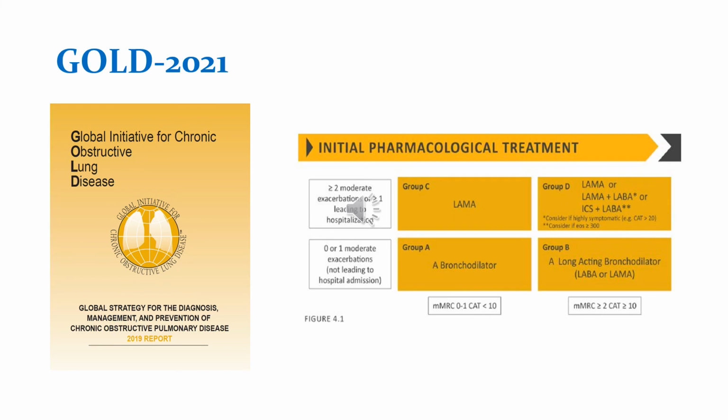Now, let's talk about initial pharmacological treatment of COPD. Initial pharmacological treatment should be based on the patient's GOLD group A, B, C, D, determined by the level of symptoms assessed using either CAT or mMRC, and the number and severity of exacerbations in the last year.